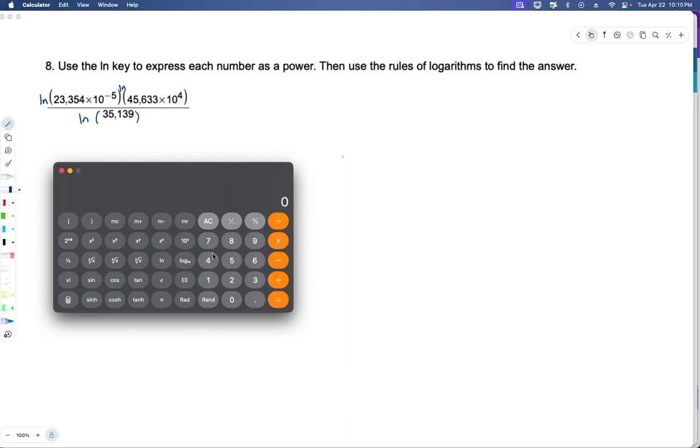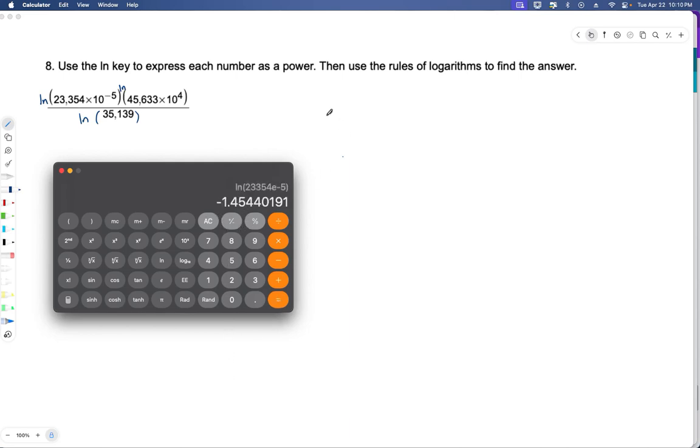So ln, and then I have 23,354 times 10 to the negative exponent. This little button gives me times 10 and the opportunity to put in the exponent. This is the number I'm looking for.